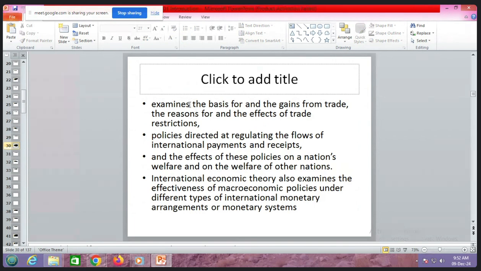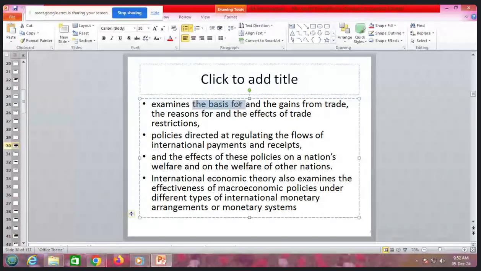The reason why we are studying these models is to find out the basis for trade. Now, there are two aspects of trade that we are trying to understand. The first one is called the basis for trade. Can someone tell me what the basis for trade is, by your understanding?